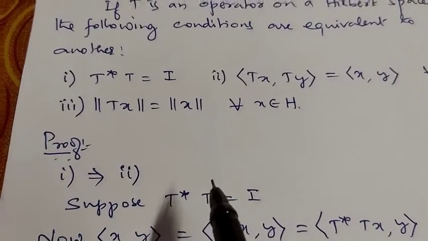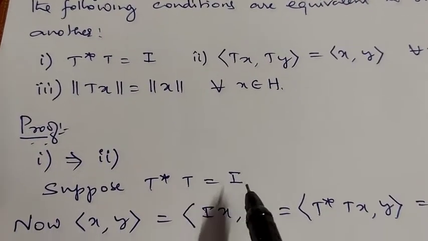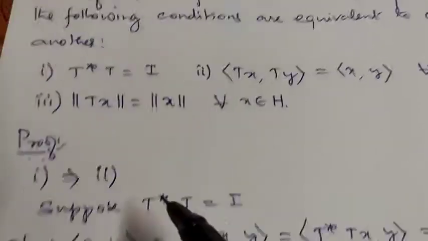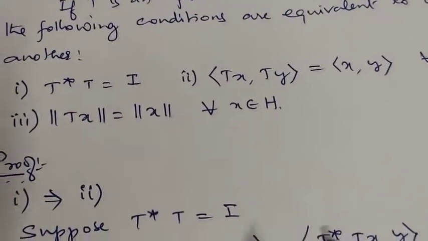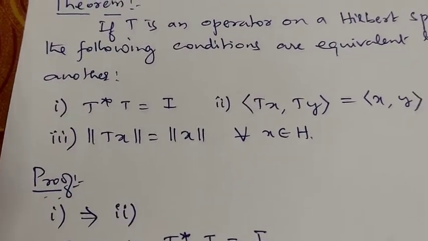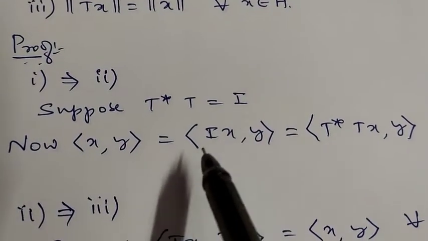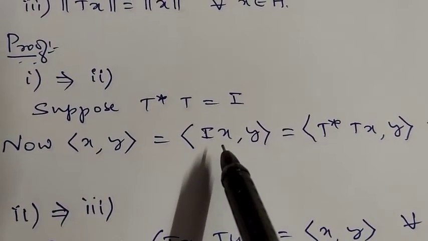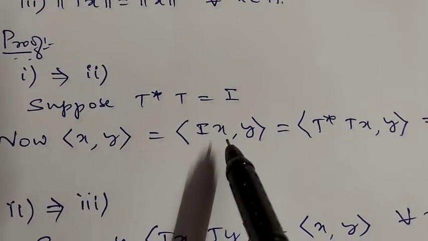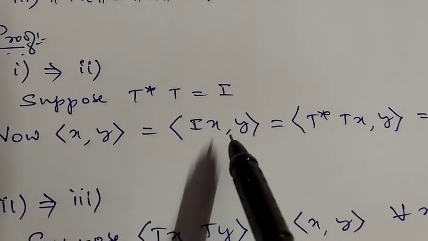We assume that T star into T is equal to I. Now inner product of x comma y can be written as inner product of I of x comma y, because I is the identity operator.